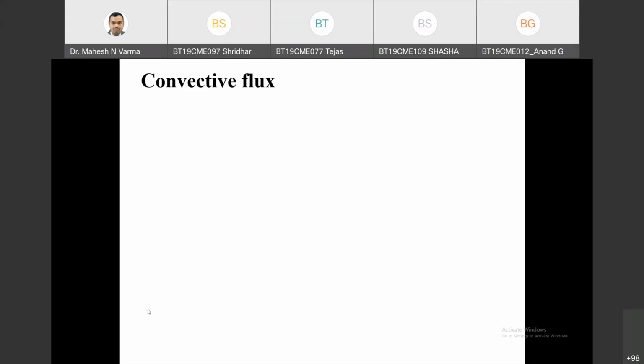So where is the bulk motion? The definition of convective flux is that there should be bulk motion in convective flux. Now, this is one statement: when there is a bulk motion, I will call it a convective flux. Now, second statement is h into delta T, which is Newton's law of cooling, gives me a convective flux in heat transfer. So where is the bulk motion in h into delta T? Moving liquid or gases.